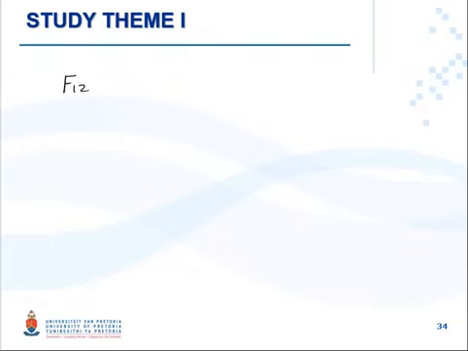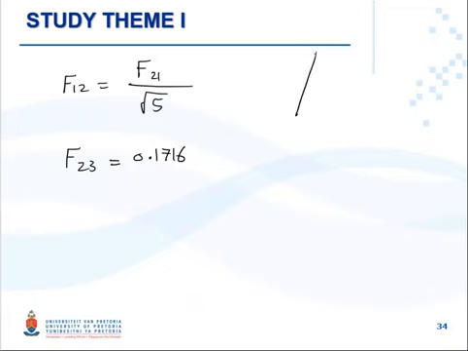F12 is related to F21, and we have F23 equal to 0.1716. But if you look at this figure with 1, 3, and 2, F23 is equal to F21.